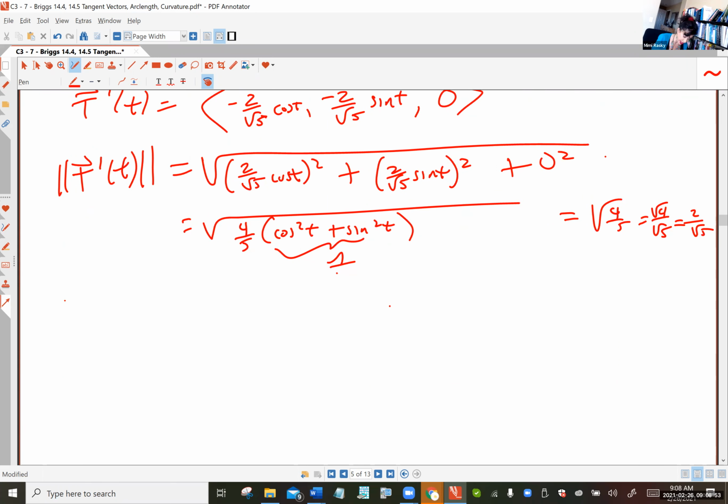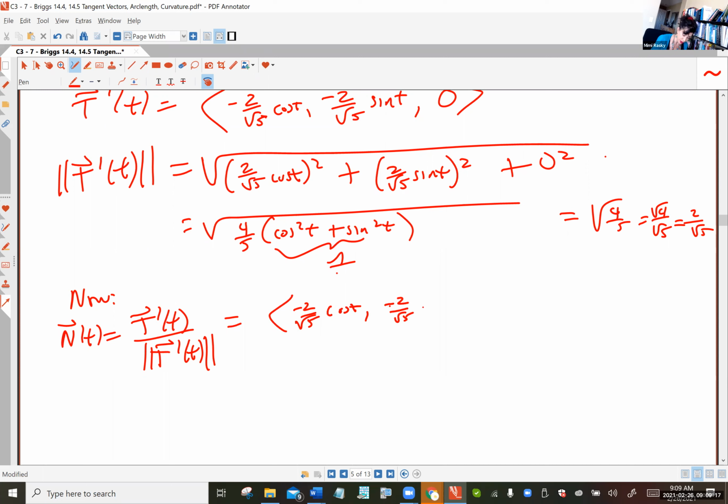Okay, now you're ready for big N, the principal unit normal vector, because it's the unitized big T prime. We just got big T prime, so we have it as -2 over square root of 5 cos, -2 over square root of 5 sine, 0, and we're putting it over this magnitude, and then clean this up.